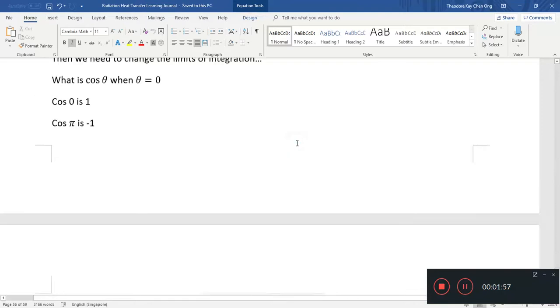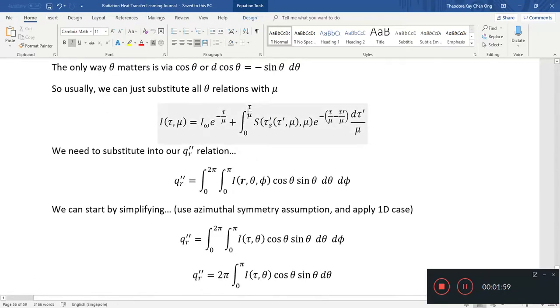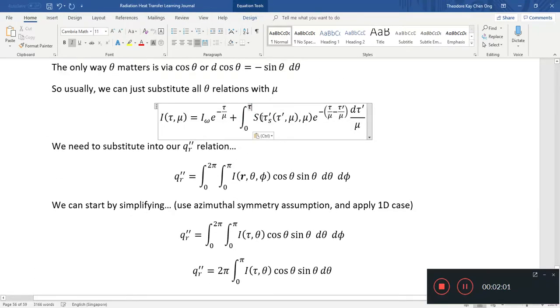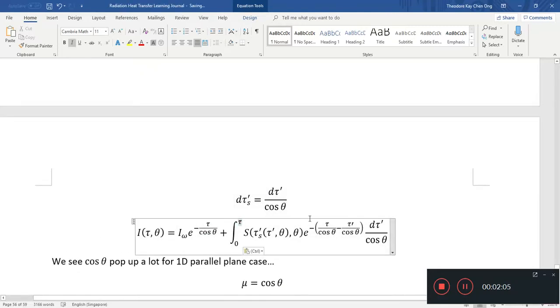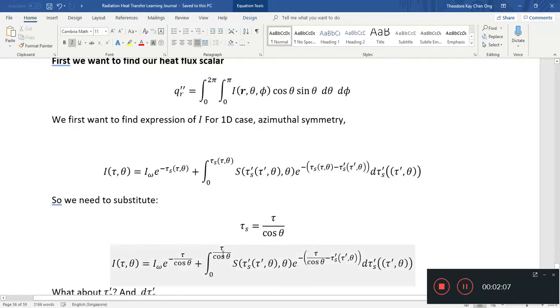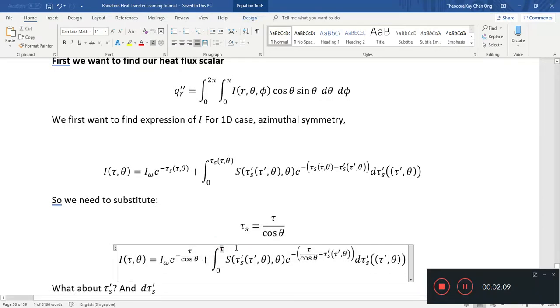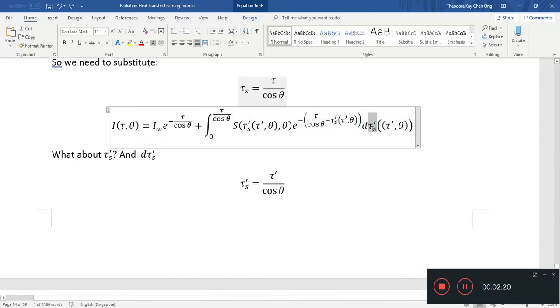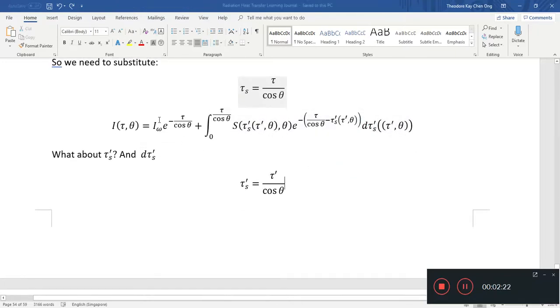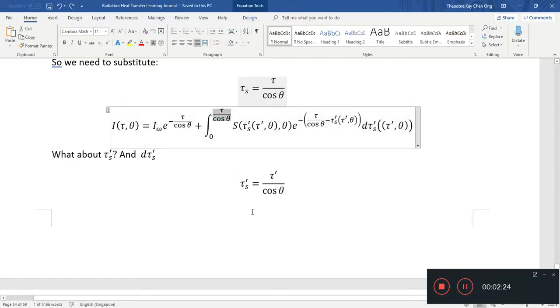And this is what I'm just going to do now. So everywhere we see this tau, whether it's tau over cosine theta or anything like that, we'll need to replace it. Because again, we are replacing all this. So yes, if it's d tau s, then it will be tau over cosine theta.